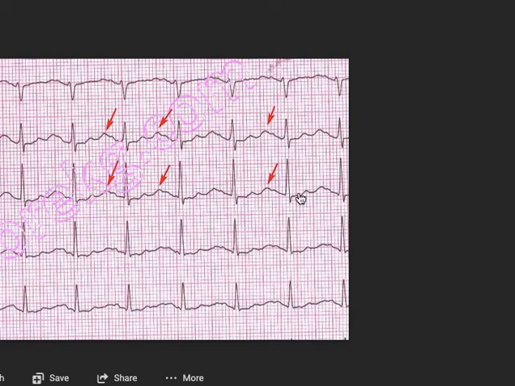Basically, the origin of these U waves is still questionable in many instances. Sometimes they can occur due to some causes, and if you want to remember one cause, just remember hypokalemia, right? They can be seen in hypokalemia.